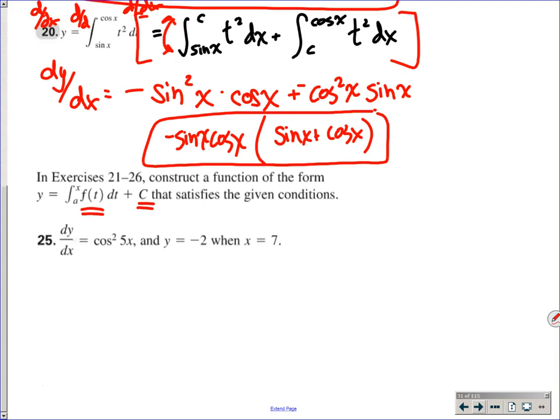You might need to throw in a bound too. A and F of T and C.